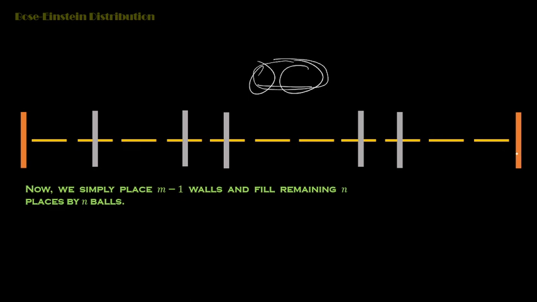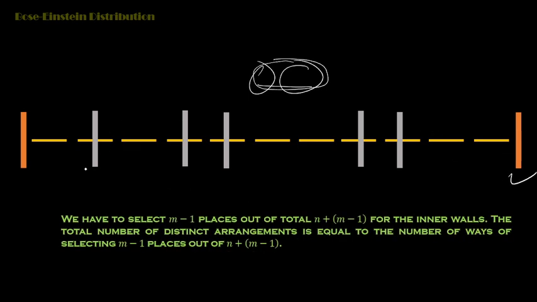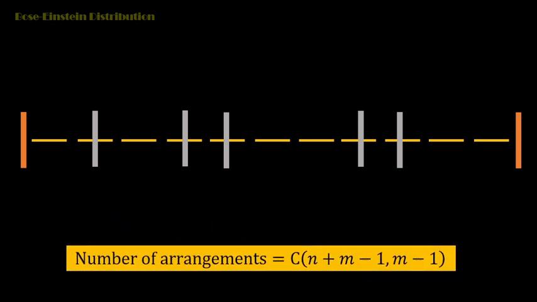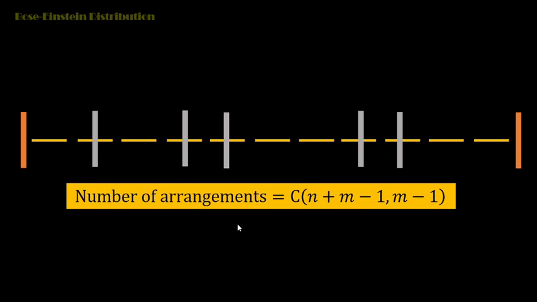So two walls are at the ends and in between these end walls we have n plus m minus 1 places. m minus 1 places have been occupied by walls and the remaining n places will be occupied by balls, and in this way we get a certain arrangement of balls.